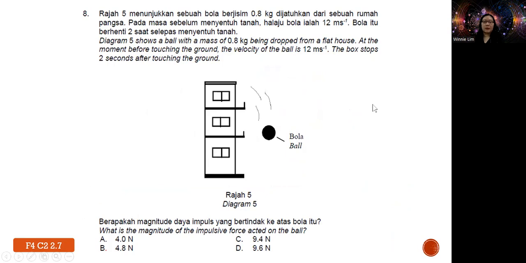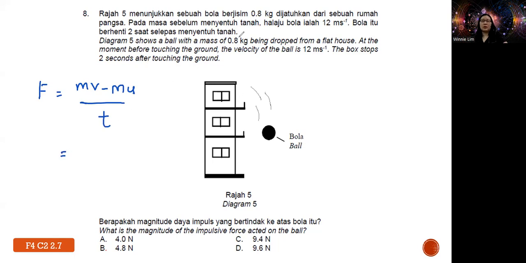What is the magnitude of impulsive force acted on the ball? Again, to solve this type of question, you really need to know the definitions and the formula involved. So what is impulsive force? Impulsive force is rate of change of momentum. Change in momentum is final momentum minus initial momentum, divided by time.